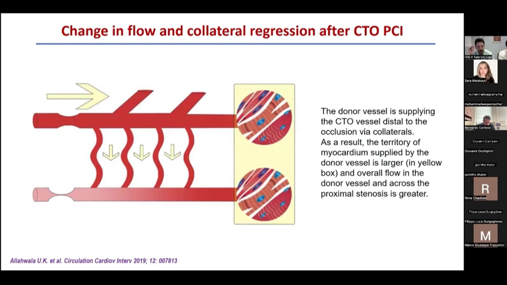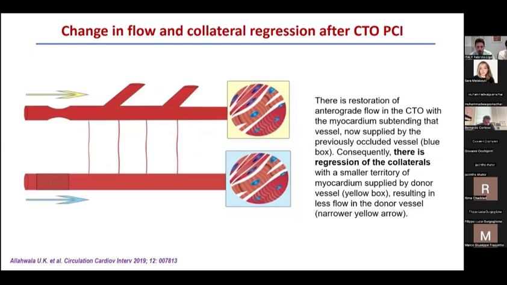In general, this is the situation. We have in the upper part the stenotic donor vessel, and in the part below the CTO vessel. The donor vessel supplies the CTO vessel distal to the occlusion via collaterals, okay? As a result, the territory of myocardium supplied by the donor vessel is larger, and the overall flow in the donor vessel and across the proximal stenosis is greater.